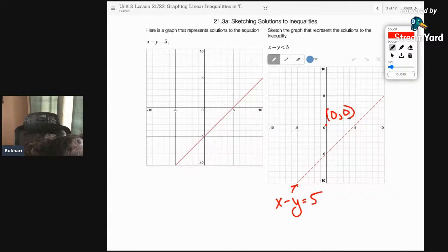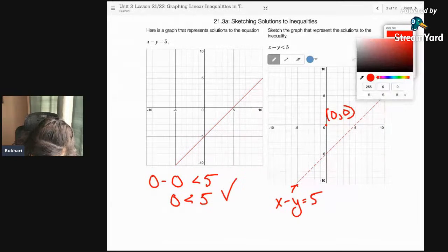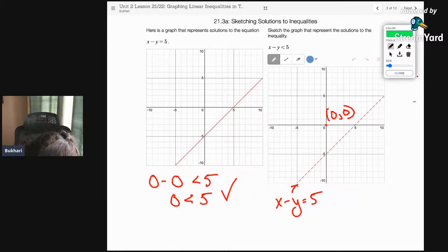And see if that makes my inequality true. So if I substitute in 0, 0, I get 0 minus 0 is less than 5, which gives me 0 is less than 5, which is correct. So I know that that is a solution. On the other hand, if I choose a point on the other side of my line, let me choose 5, negative 5. If I substitute that in, I'm going to get 5 minus a negative 5 less than 5.